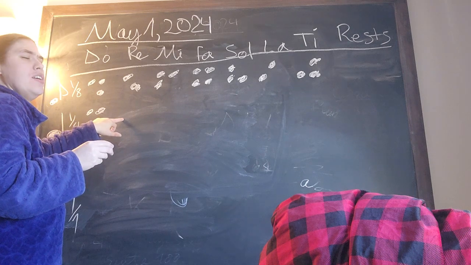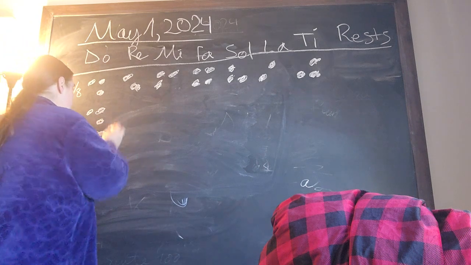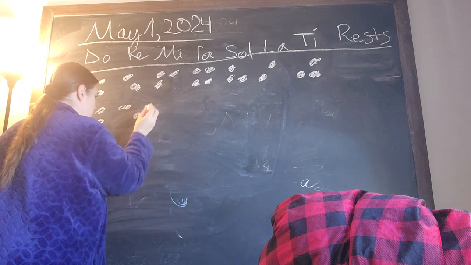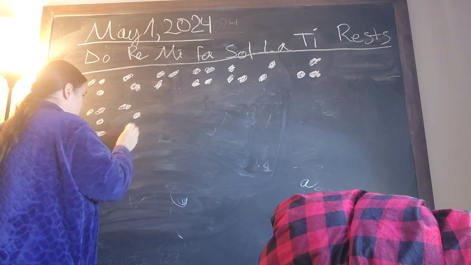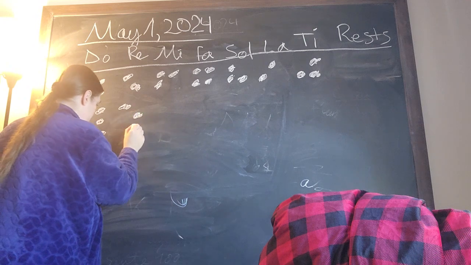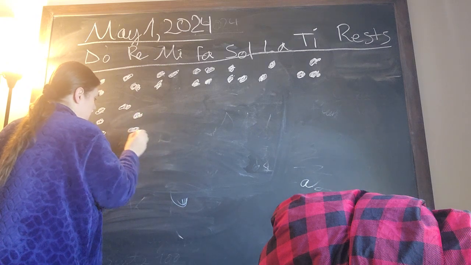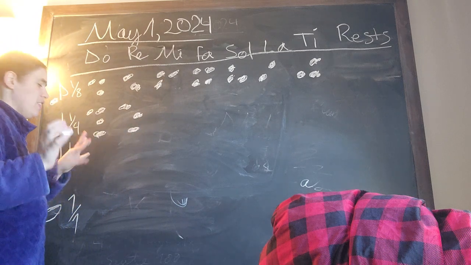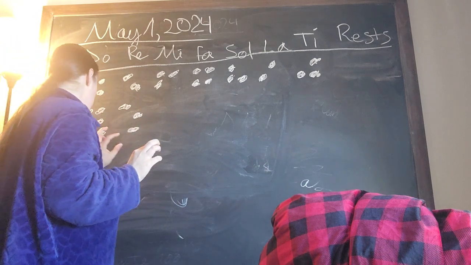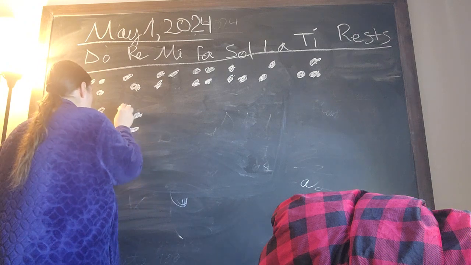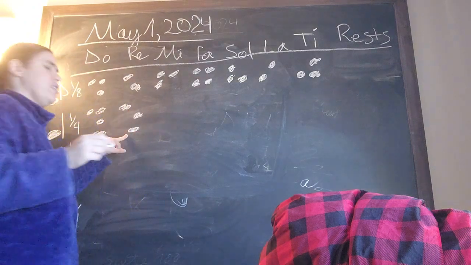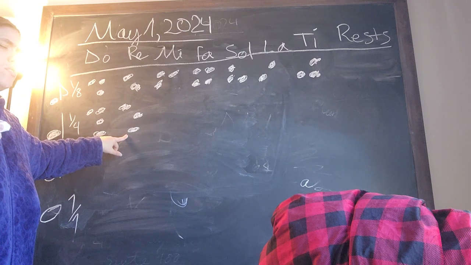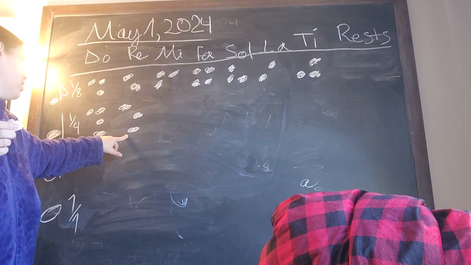The next one, re. We draw our pitch, and then you simply add dot 3. Again, this is all freehand, so it's not going to be precise, but I will do my best. So this is what a re quarter note looks like.